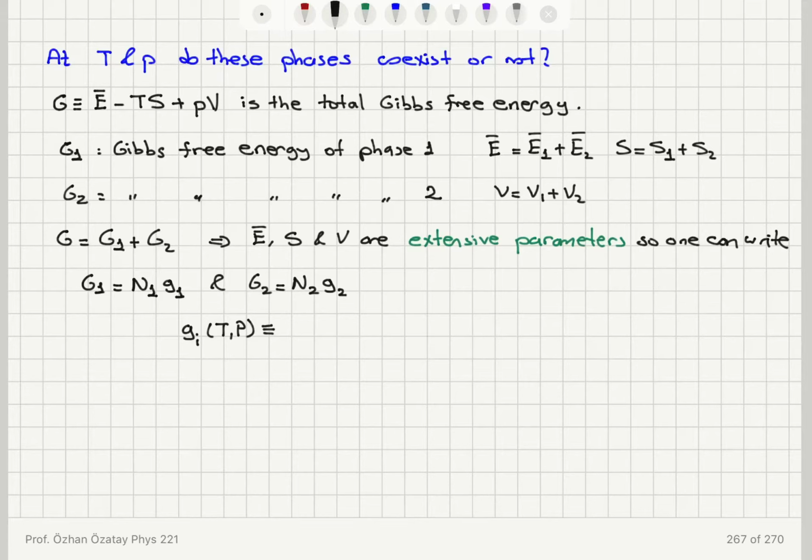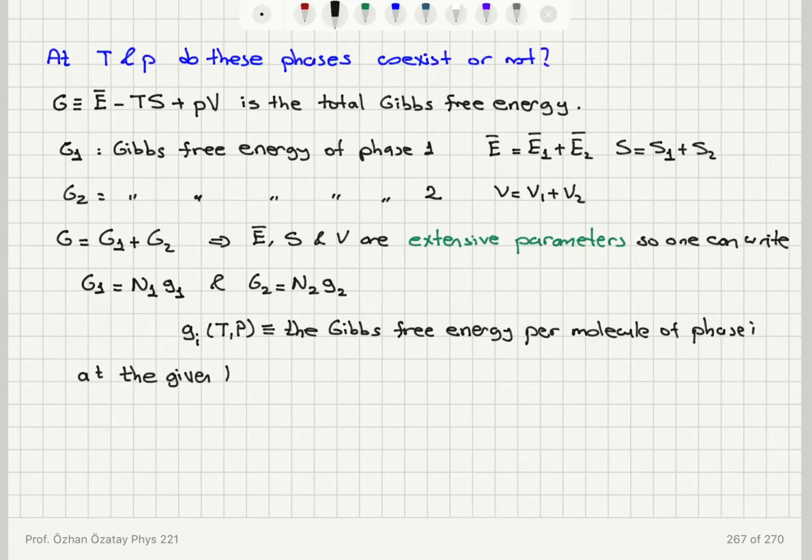So we define here the Gibbs free energy of the ith phase per molecule, Gi as a function of temperature and pressure, as the Gibbs free energy per molecule of phase i at the given temperature T and pressure P. And you can see that the Gibbs free energy per molecule for the ith phase is not a function of the number of molecules in that phase.